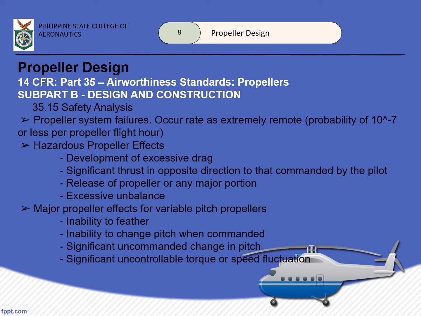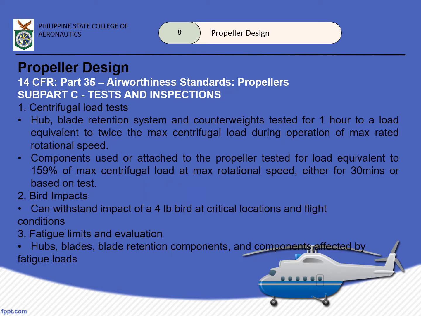So another under nung ating safety analysis is yung major propeller effects for variable pitch propellers. And under niya, inability to feather, inability to change pitch when commanded, significant commanded change in pitch, significant controllable torque, or speed fluctuation. So that's it for the subpart B.